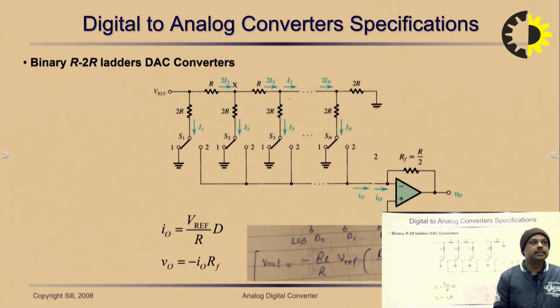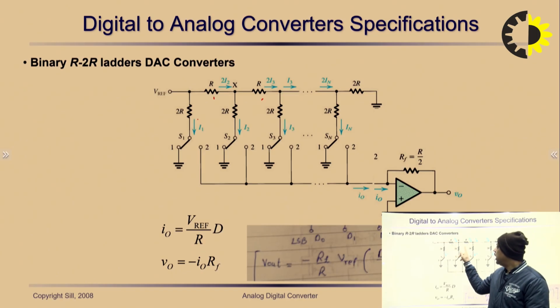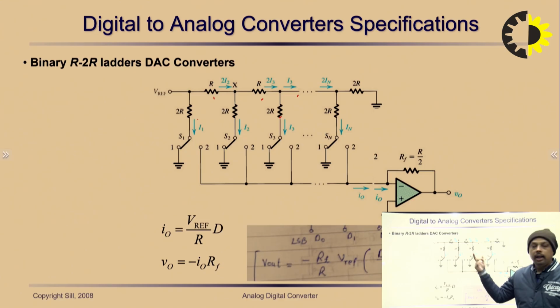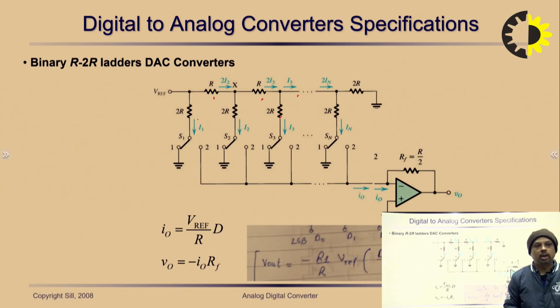The next is the binary R to 2R ladder, in which only two types of resistance are used, either R or 2R, and there is a network of R to 2R in the form of a ladder. That's why it is known as the R to 2R ladder digital to analog converter. The process is almost the same.